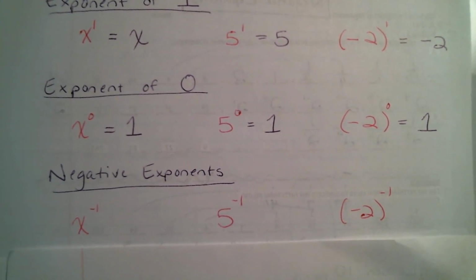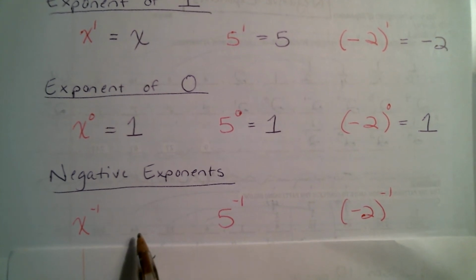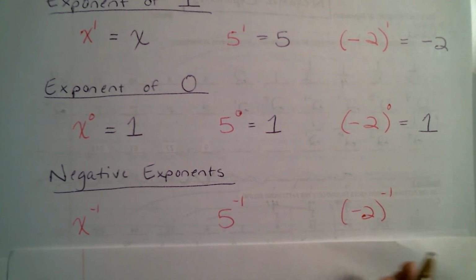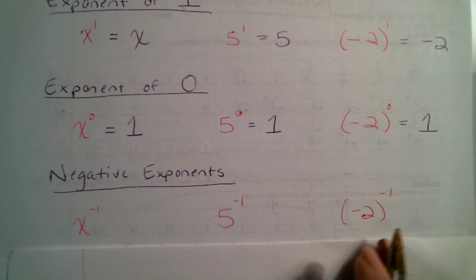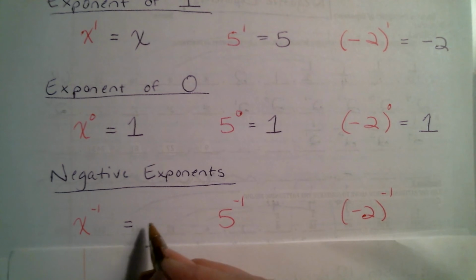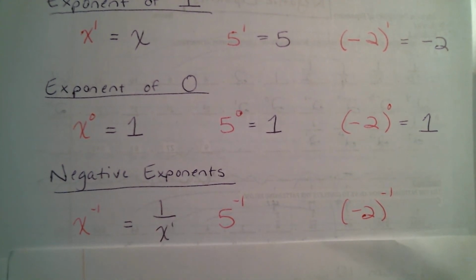And then the last thing is we learned about negative exponents. Negative exponents just means we've gotten smaller instead of bigger. When we think of powers, we tend to think of growing bigger and bigger, right? More exponents, bigger the number. Well, the smaller the exponent, the smaller the number. So this is the same as 1 over x to the positive 1.